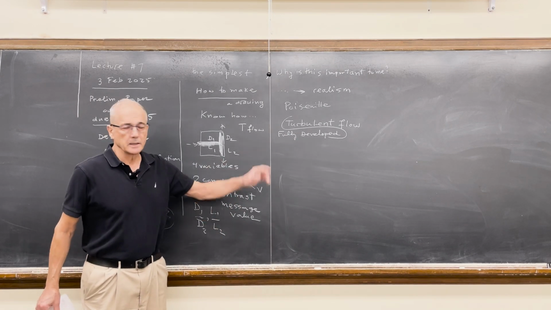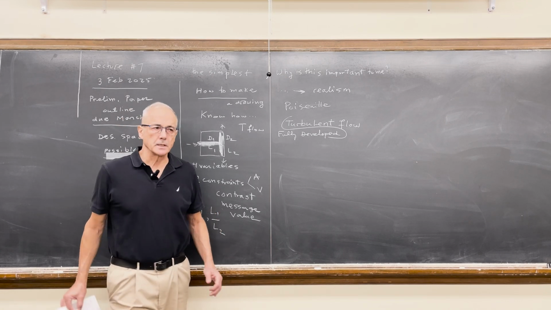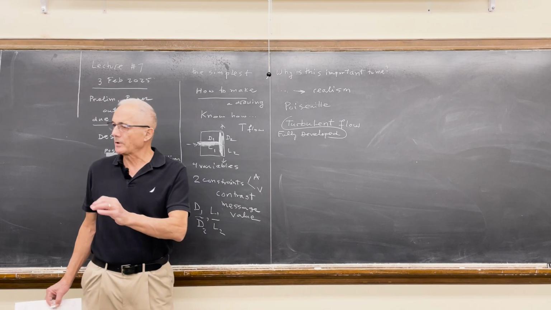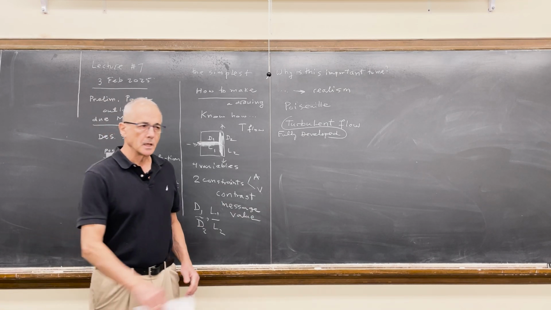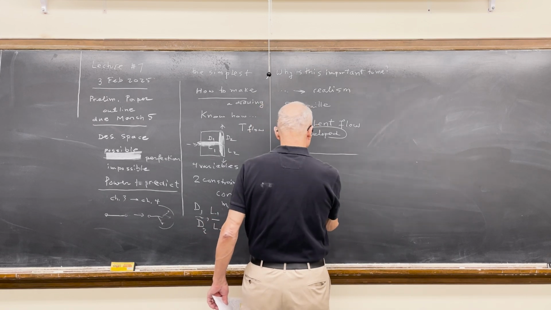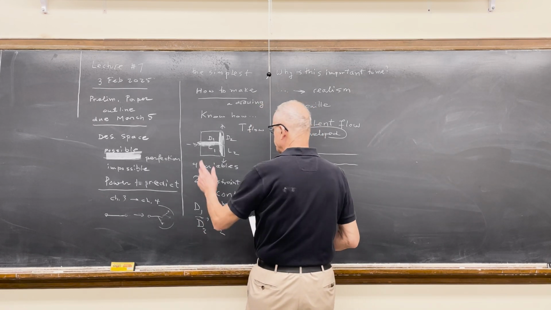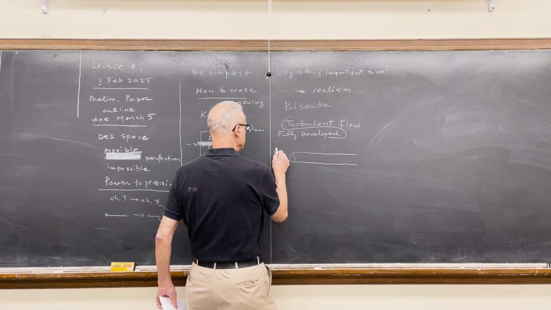What do I mean by fully developed turbulent flow? The following, this is what happens, which is normally not taught in the fluid mechanics that people teach you. Here's the duct, meaning this duct. And the mass flow rate, m dot, comes in.